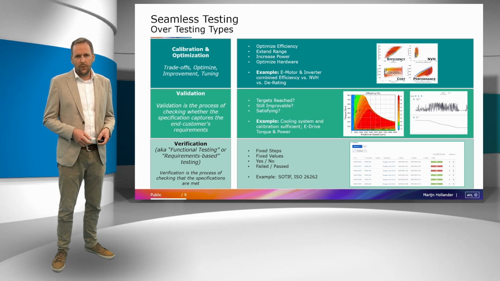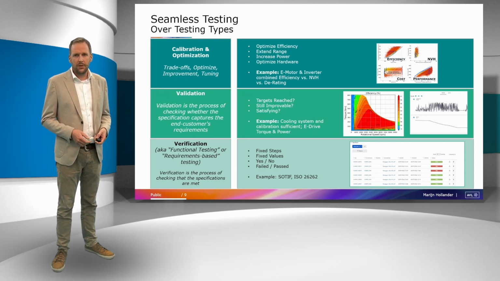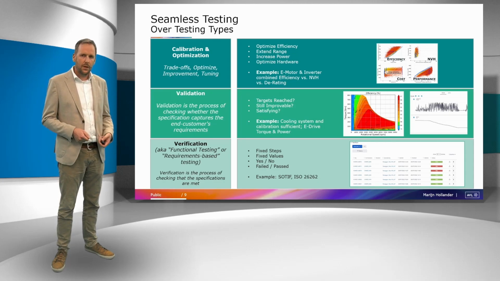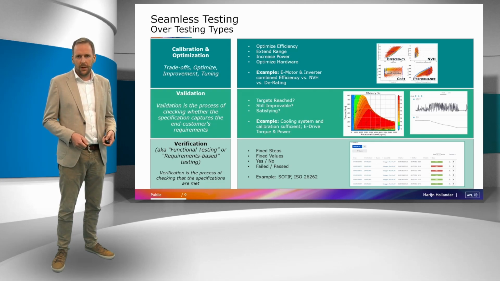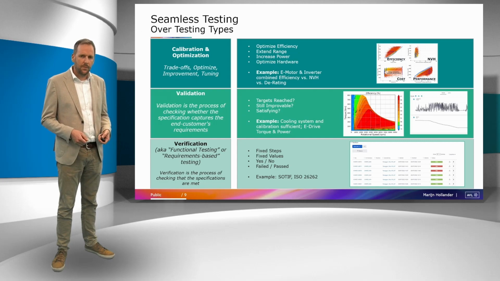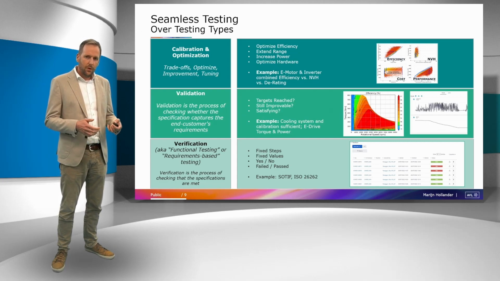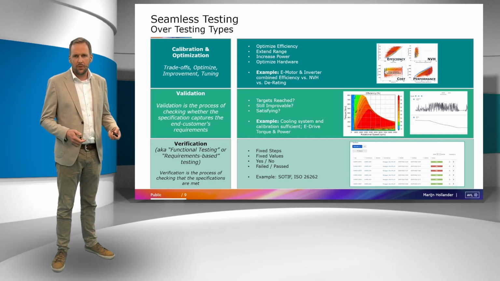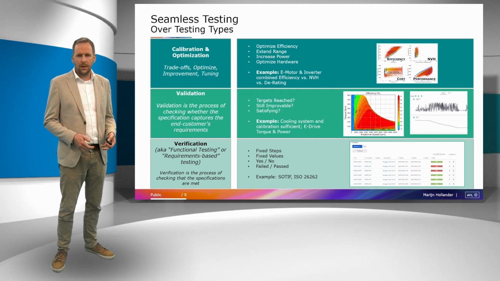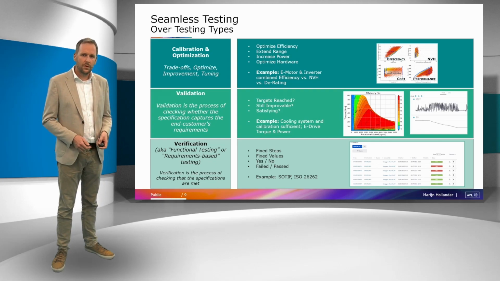And we offer calibration and optimization of these systems, as you can see here on the top. This is the most well-known part of CAMEO where we have a lot of experience. Now all of these test types brought over all of these environments bring of course a lot of benefits with low downtimes and high utilization of all your test environments.